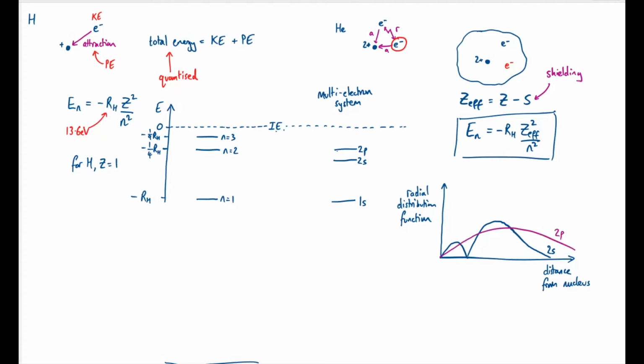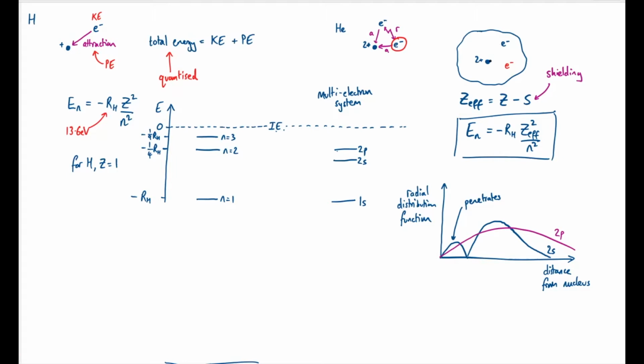Now the fact that the 2s radial distribution function has this little humpy bit down here, we say that the 2s orbital penetrates the 2p orbital, by which we mean there's a fair amount of time when an electron is really quite close to the nucleus and therefore feels quite a lot of attraction towards it.